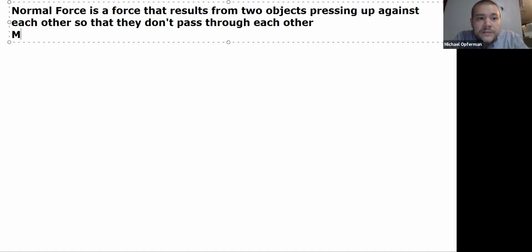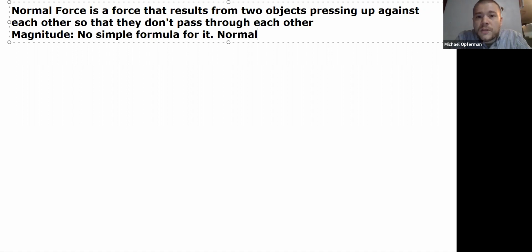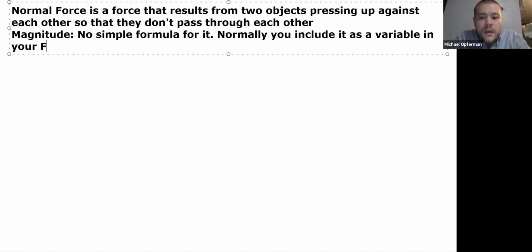Whenever I introduce a new force now, I'm going to have to tell you what's the magnitude of this force, what's the direction of this force, because those are the properties of a vector. The magnitude of this force, there's no simple formula for it. Normally, you include it as a variable in your F equals ma equations and solve for it that way.